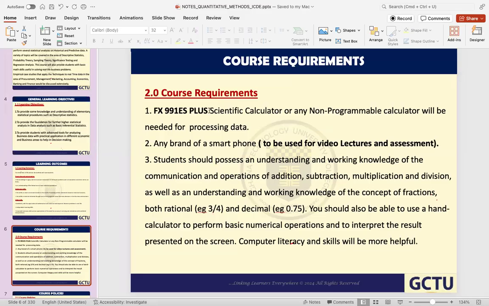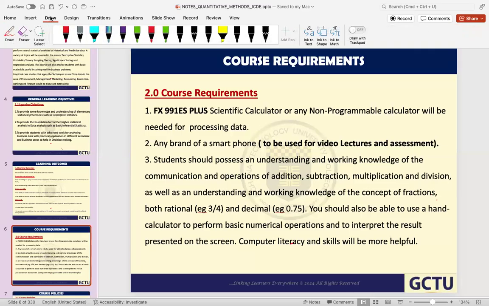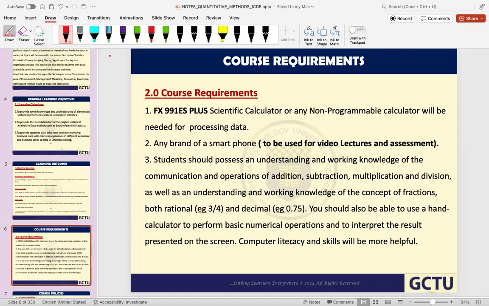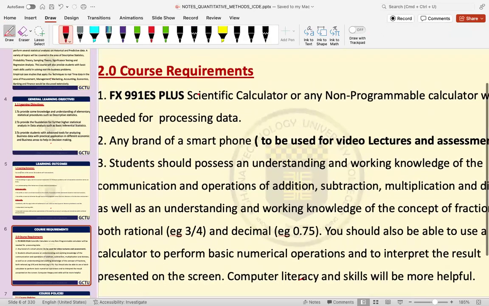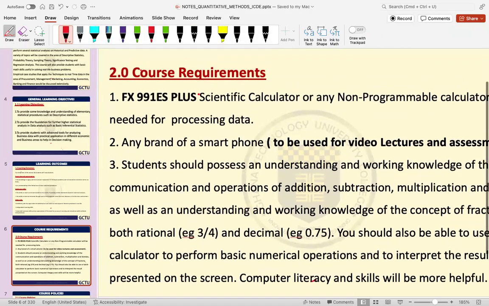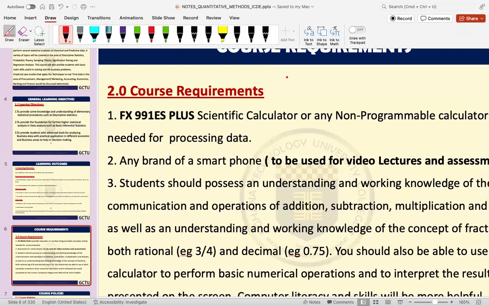And so when you are doing quantitative methods, it is a foundation for another math course you do during your second semester called data analysis and interpretation. And for the data analysis, sometimes you need a laptop to analyze your data, or a desktop.